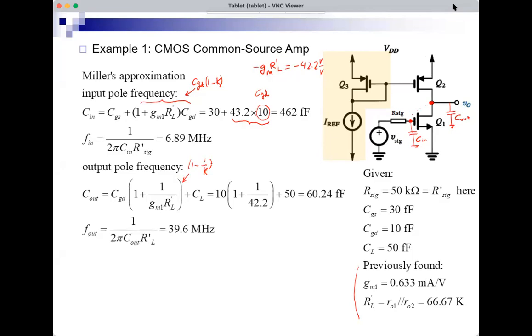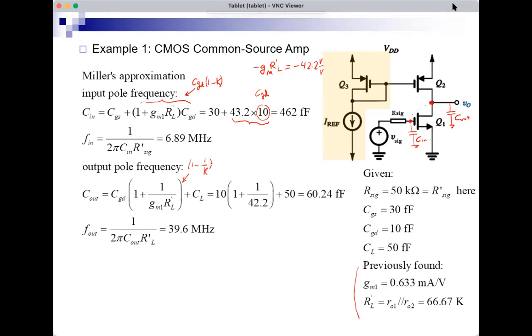And the output pole frequency Fout would be 1 over 2 pi Cout R prime L. And that's 39.6 megahertz, with Cout 60.24 femto and R prime L 66.67 kilo ohms.